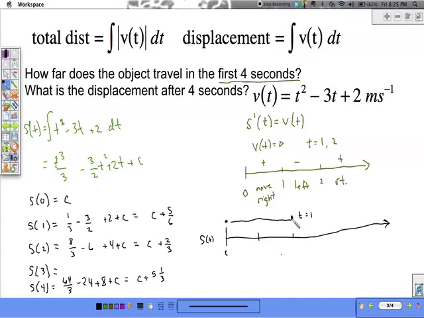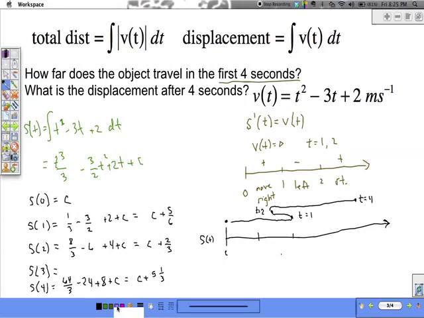At 1 second, we're going to turn around, change our direction, until we hit time equals 2, at which point we're going to turn around and go to the right again, until we hit t equals 4. We don't really care about position at 3 because we've continued to move to the right this whole time. 2.5, 3, 3.5, 4 seconds.